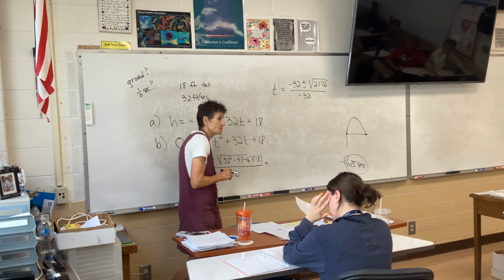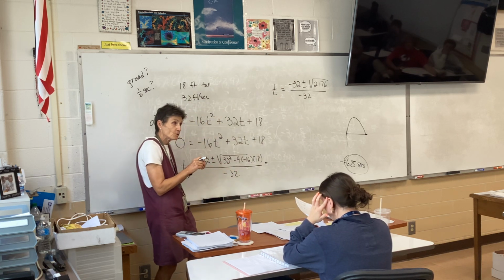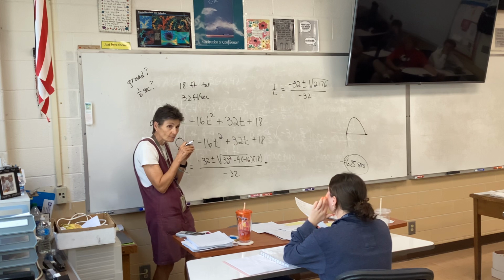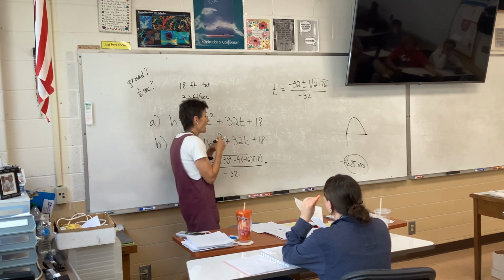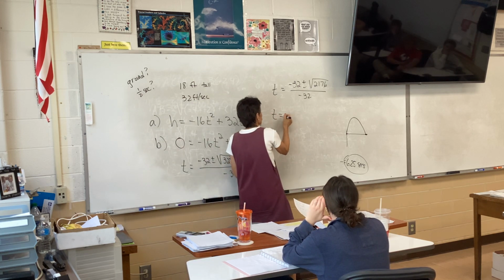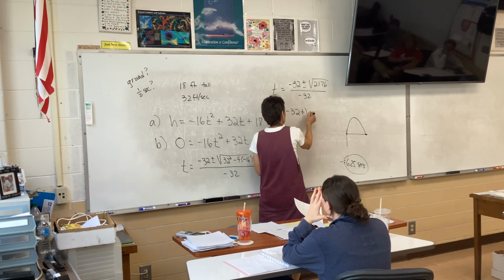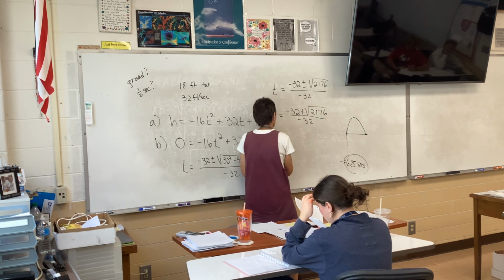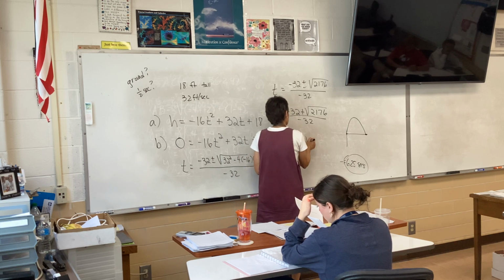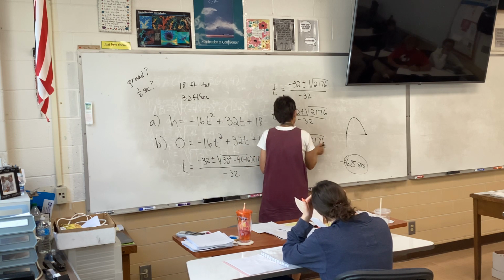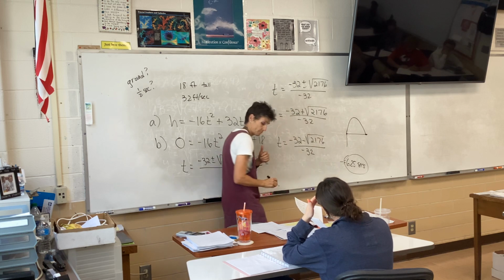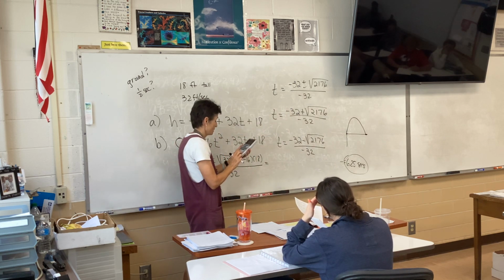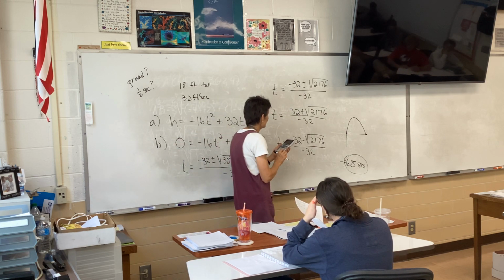Remember, tomorrow, I'm not typing it in for you. You're typing it in by yourself. Okay? So now I break this up into 2 answers. Negative 32 plus the square root. And negative 32 minus the square root. I type them in individually.